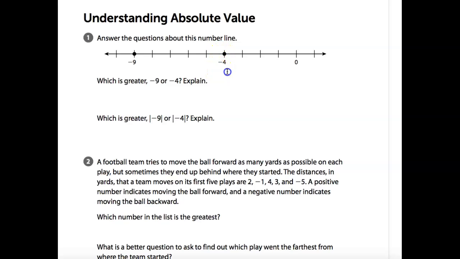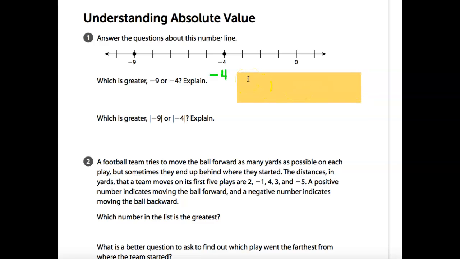So -4, let me turn this on. -4 is greater than -9 because it is to the right, and I'm going to type this in, because it may be a little bit easier.